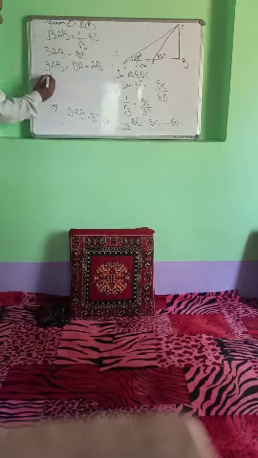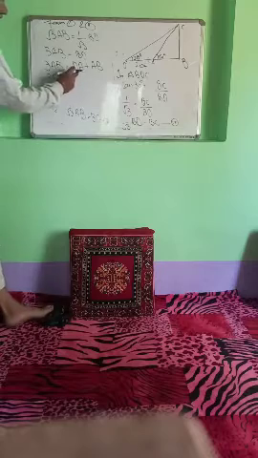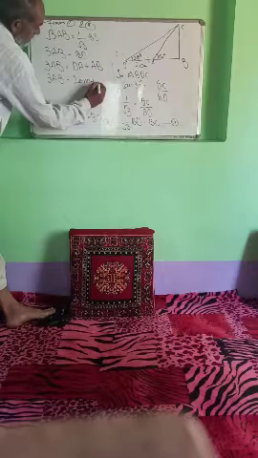So 3 times AB is equal to DA, which is 20 meters, plus AB.